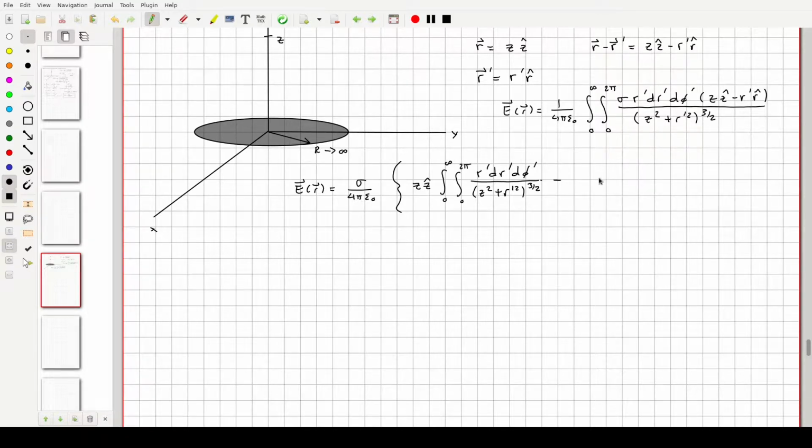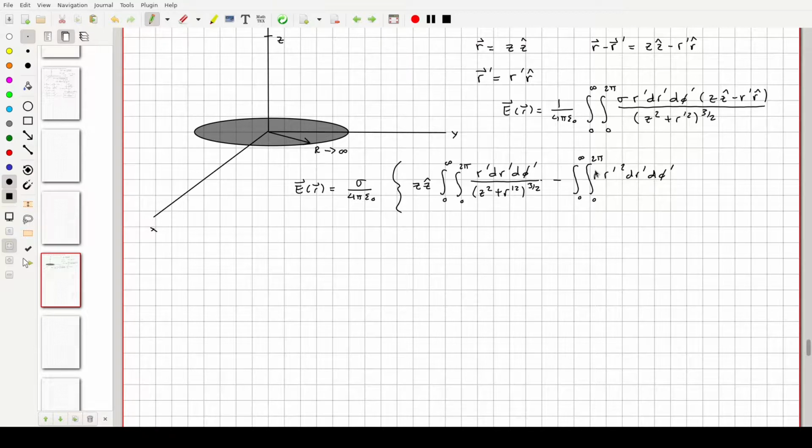And then we have minus the second integral. In this one, the r hat is not constant. Remember, r hat itself has an angular part, which is going to be good for us in this integral, because we're going to discover it's going to be 0. So again, we have r prime squared, because there's one here and one here, dr prime d phi prime.